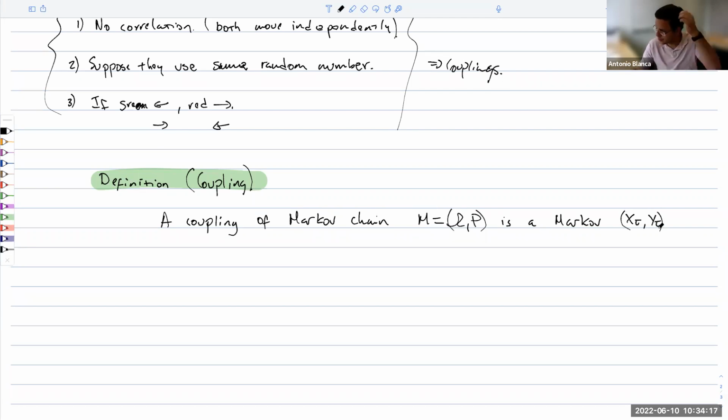This is going to be a sequence on the product space, omega times omega, because there are two of them, so you can look at both states. So it's a Markov chain on this.